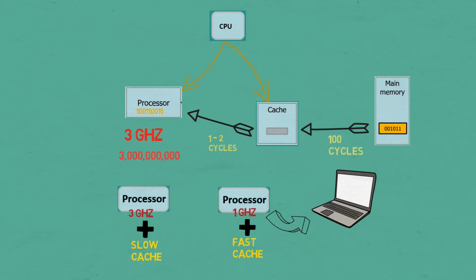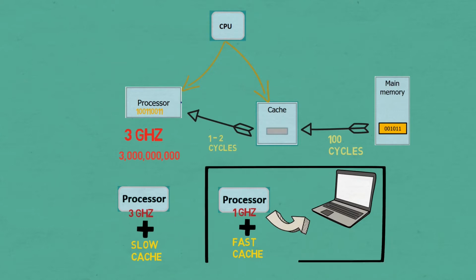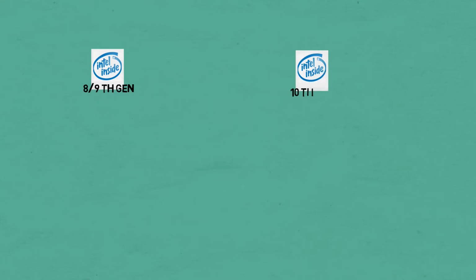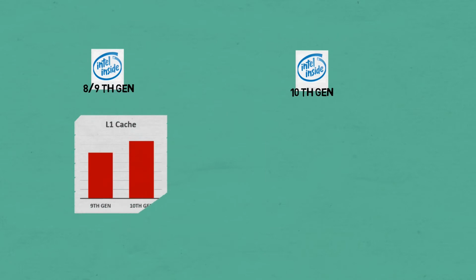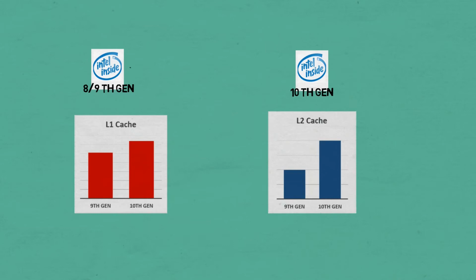Therefore, if you compare a processor of 3 GHz clock speed with a slower cache architecture and a 1 GHz processor with a much faster cache architecture, more often the processor with the fast cache architecture wins the race. And if you compare Intel's 8th or 9th gen processors with the newer 10 nanometer 10th gen processors, you will find that the newer 10th gen processors have better L1 and L2 cache architectures, while the 8th or 9th gen has a 4-way set associative L2 cache architecture.